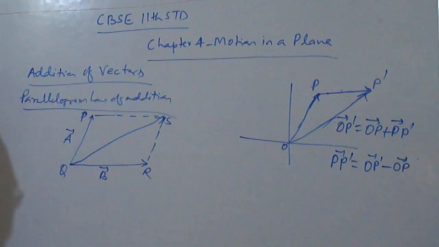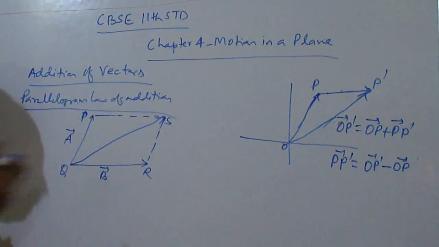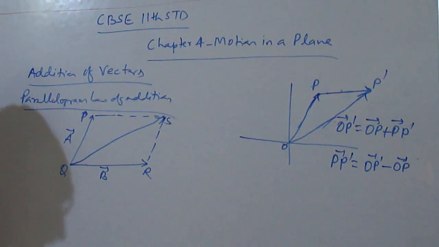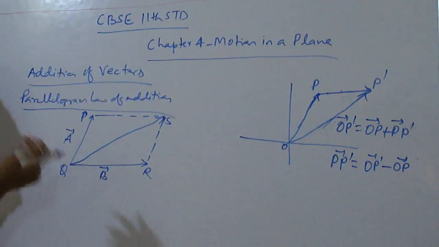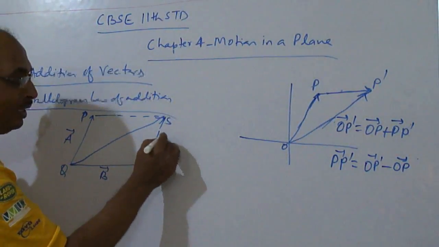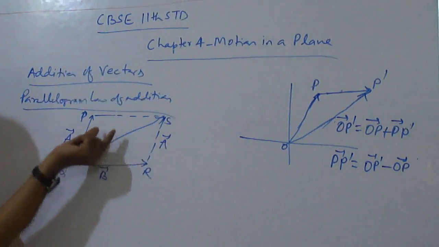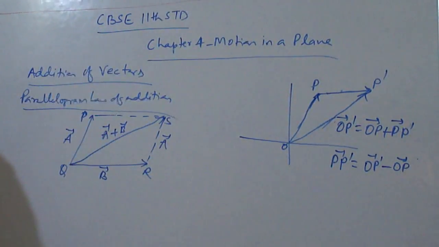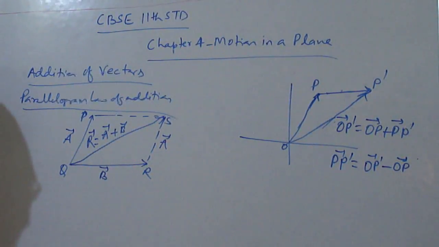Here also it is the same, because by the definition of a parallelogram, opposite sides are parallel and equal, so RS is also equal to A. As per the triangle law, it is A plus B, and this will be the resultant vector.